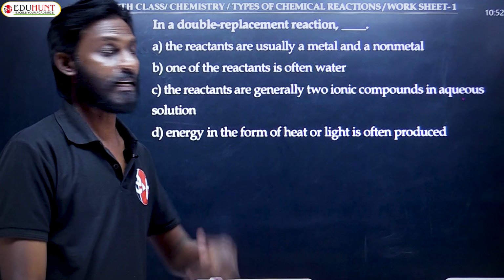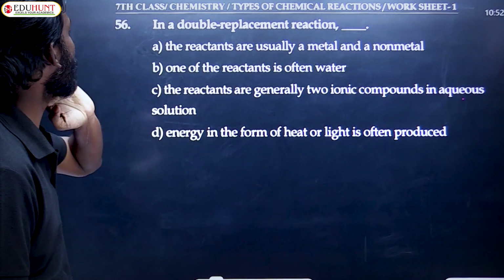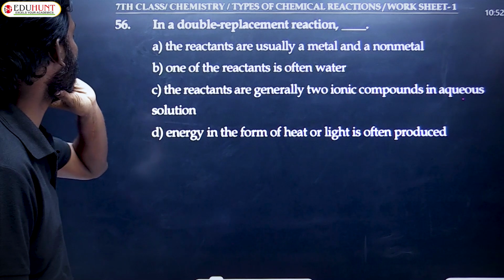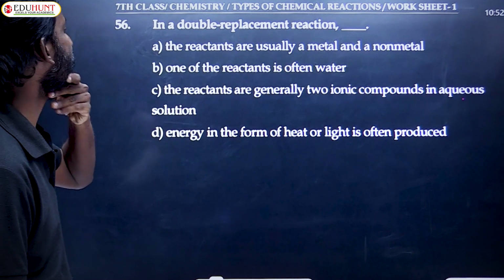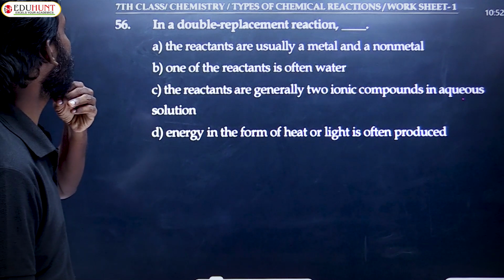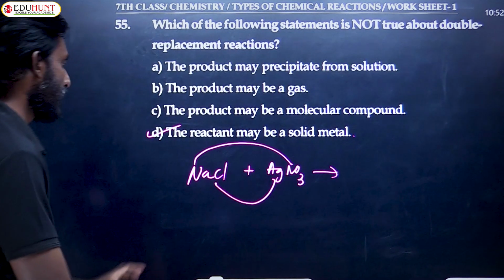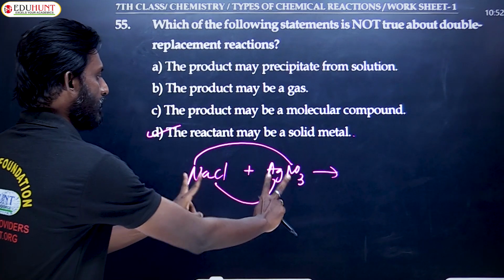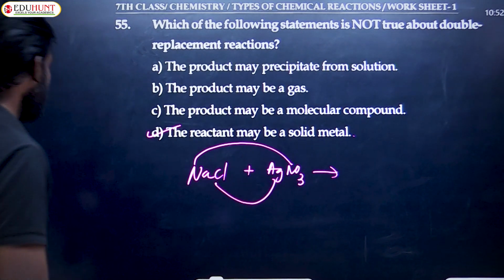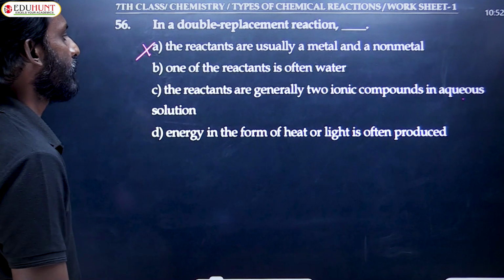56. In a double displacement reaction or double replacement reaction, the reactants are usually metal and non-metal. In double displacement, no. The reactants are always like this only. So that is wrong. One of the reactants is often water.